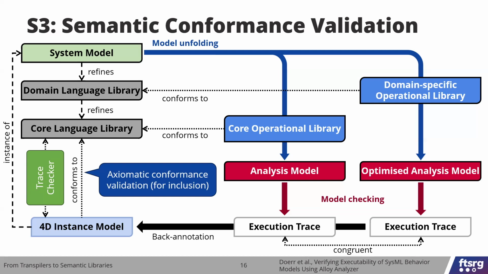We can check here that the trace is indeed adhering to all of the axiomatic requirements that the original ontological language had. And if it does, then we can make sure that it is one of the valid traces. Again, this doesn't prove that the trace is equivalent, but it proves that it cannot produce anything that is invalid in the original ontology, because if it produced something, then we would catch it at the trace checker.